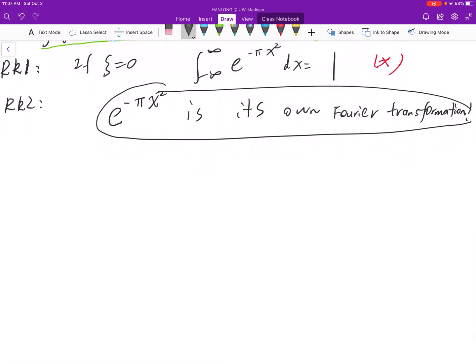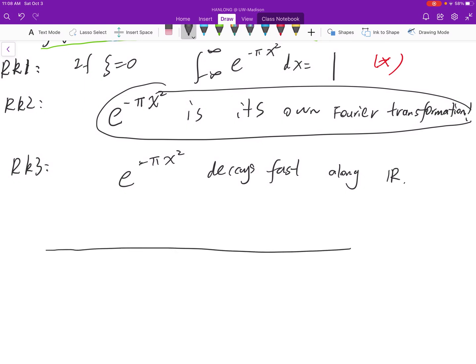Also, I would like to remark that exponential negative pi x squared decays fast along the real number line. Currently, I will not use this property, but you should keep it in mind. That's a very good property.